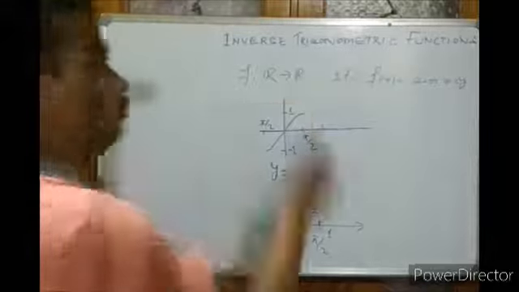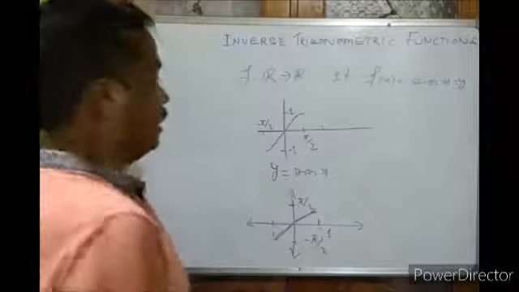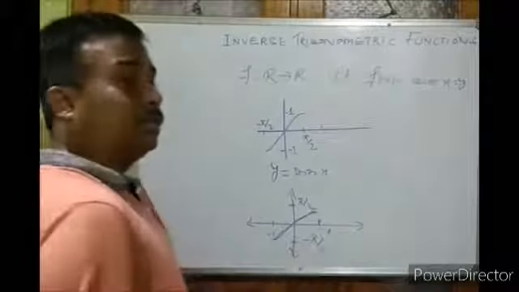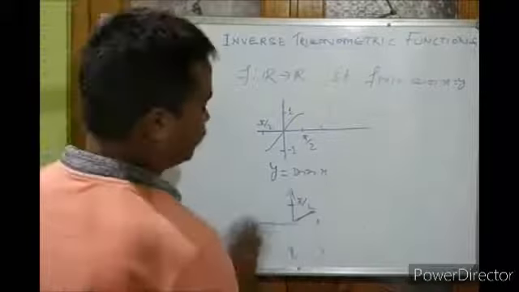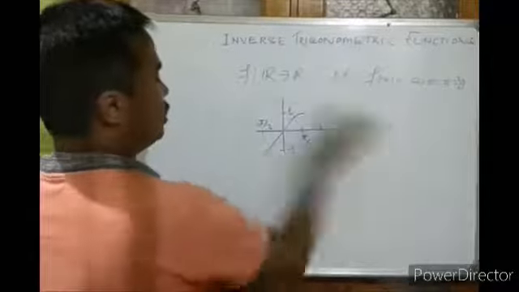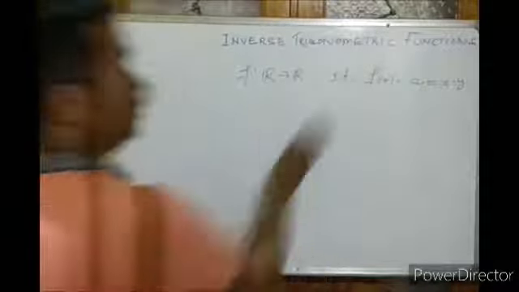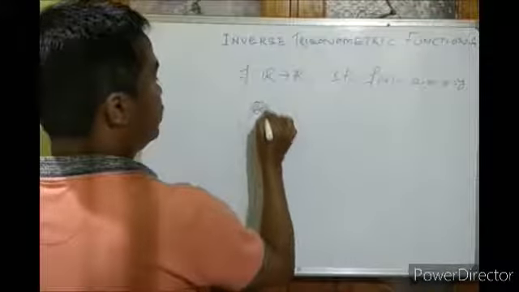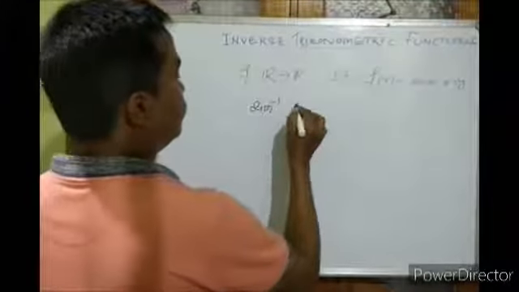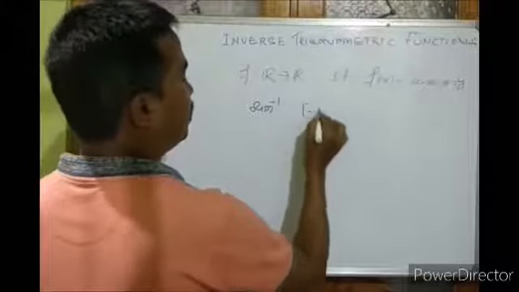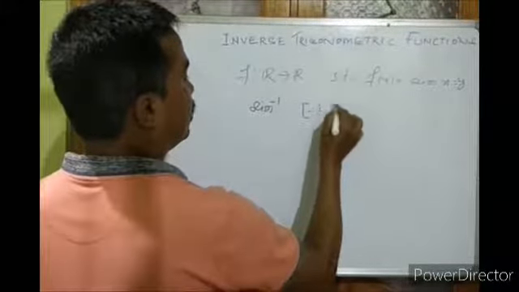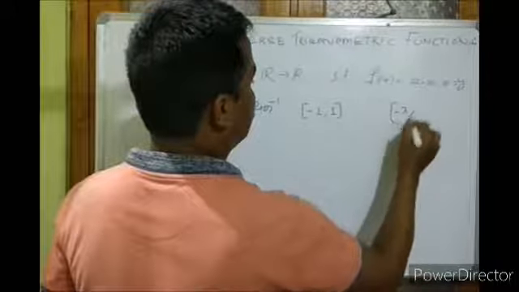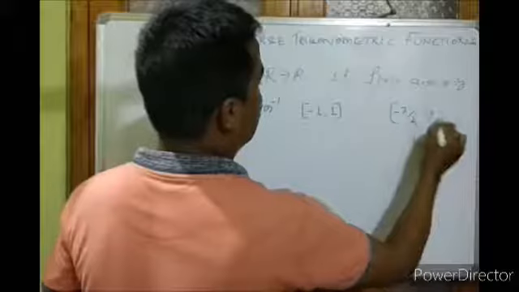The graph of these functions we will discuss again thoroughly in the next class, but we are dealing with only the sine inverse function and its definition in this class. Sine inverse is a function whose domain is minus 1 to plus 1 and range is minus pi by 2 to plus pi by 2.